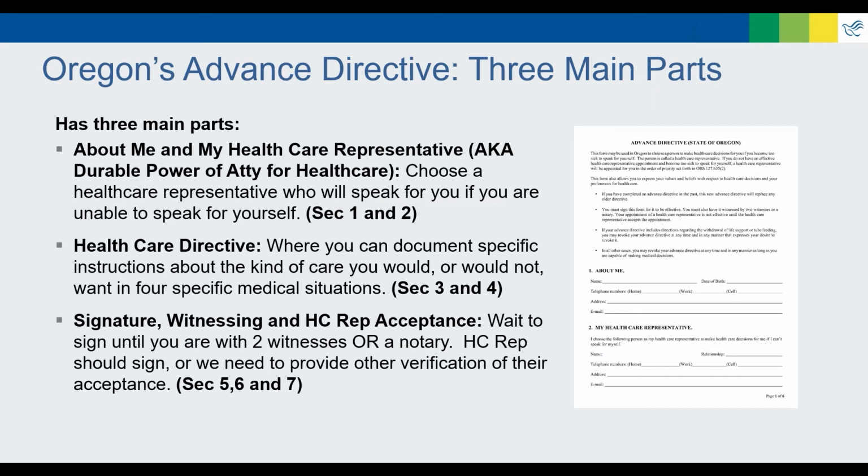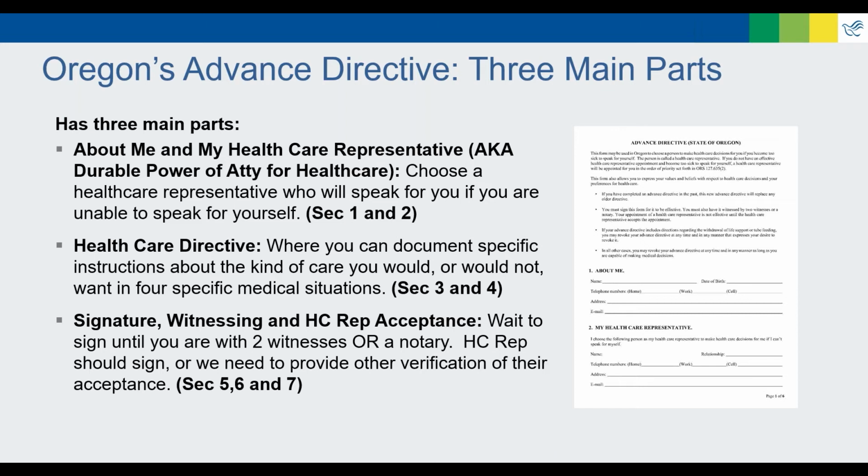Okay, let's step back a minute and think about this form. I like to think about it in 3 main parts. The first part is the about me and about my healthcare representative and alternates part, and that's sections 1 and 2. The second part is the healthcare directive part, also sometimes known as the living will, and that's where I can document specific instructions about the kind of care I would or I would not want, and in our case, in 4 specific medical situations or circumstances.